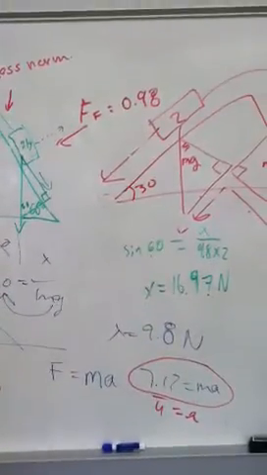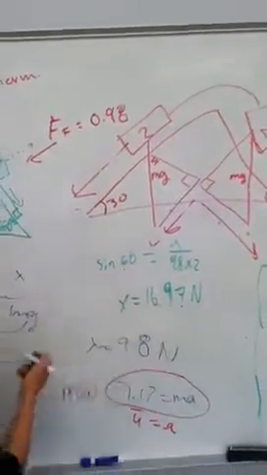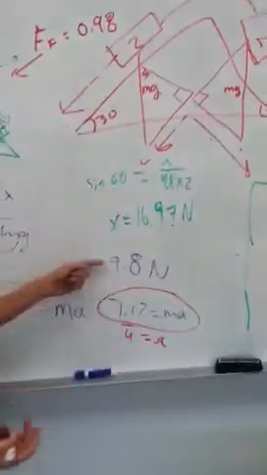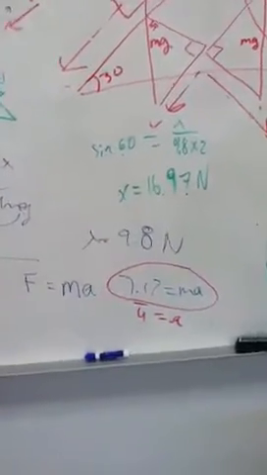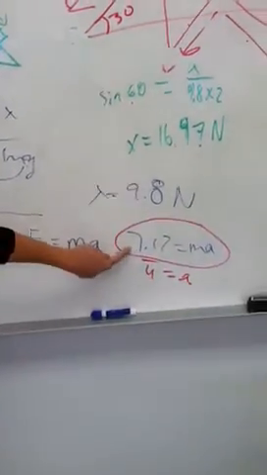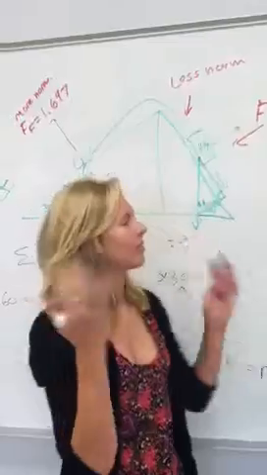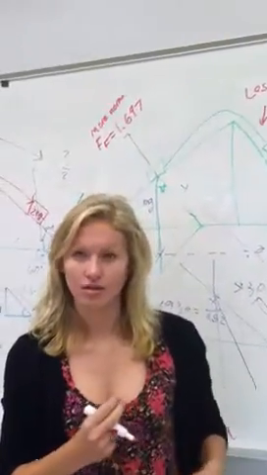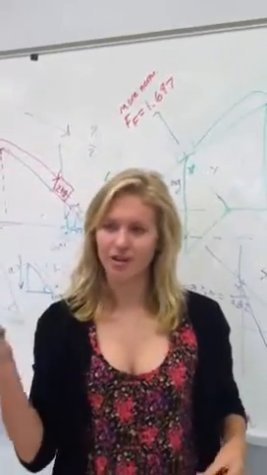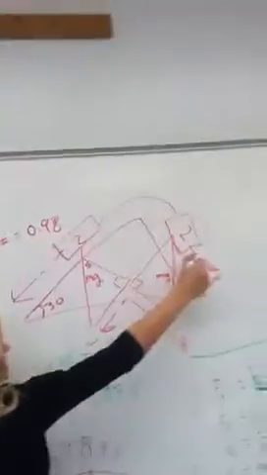Then we take these two forces and subtract them. 16.97 minus 9.8 equals 7.17, which equals ma, the force in this direction.